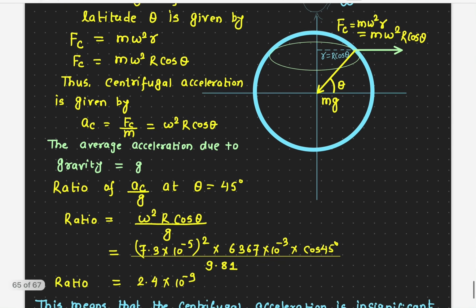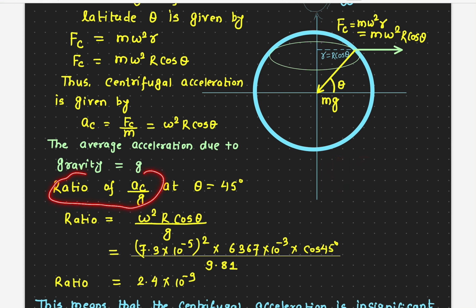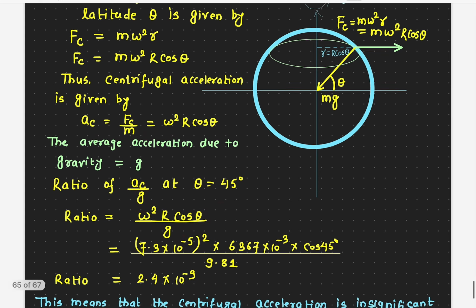Here the ratio I'm considering is the centrifugal acceleration over the acceleration due to gravity. The centrifugal acceleration would be simply force divided by the mass. So that is my centrifugal acceleration, and this is the value of g, which is acceleration due to gravity.